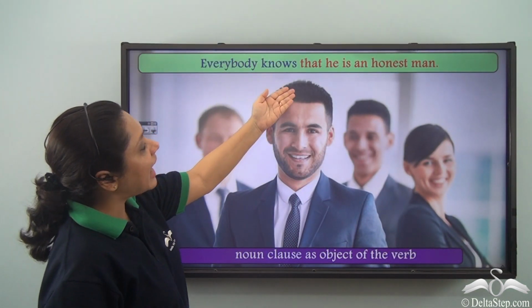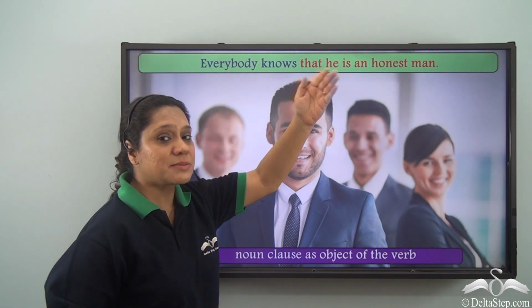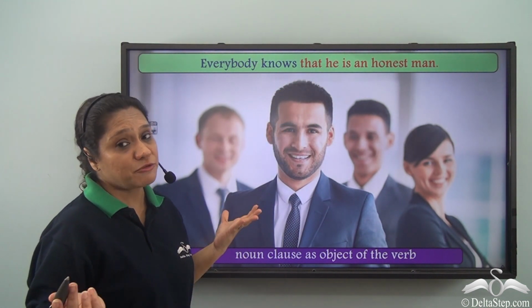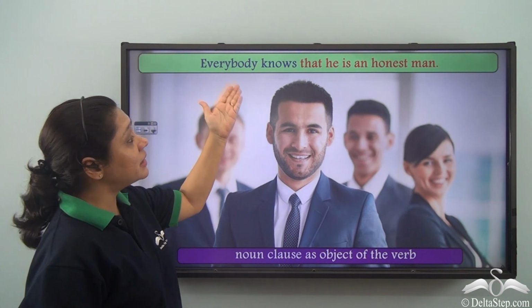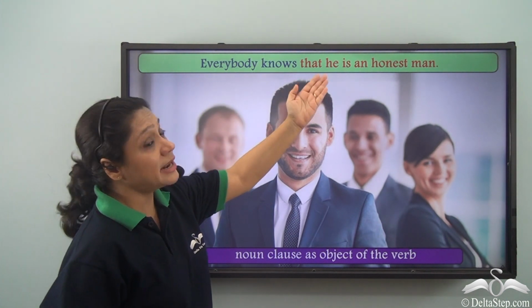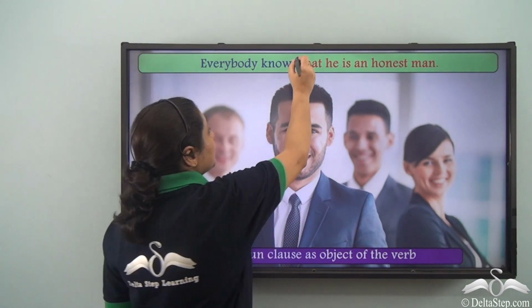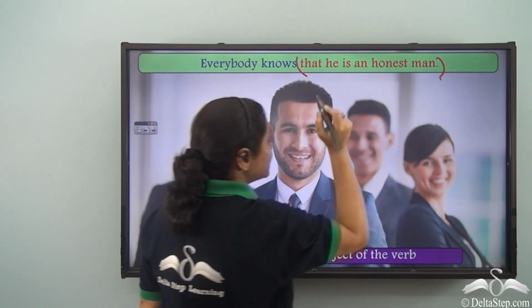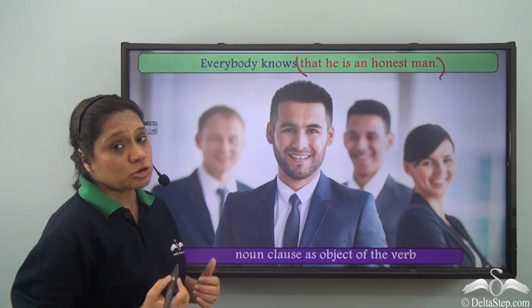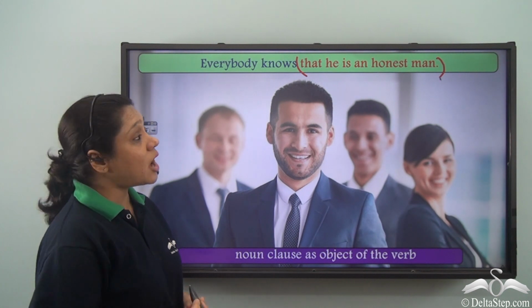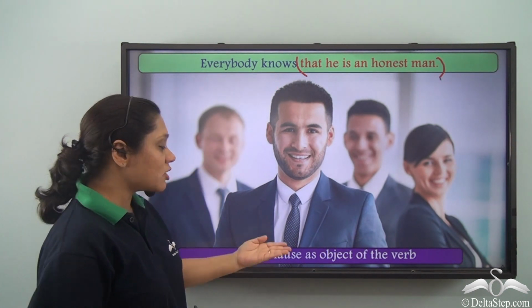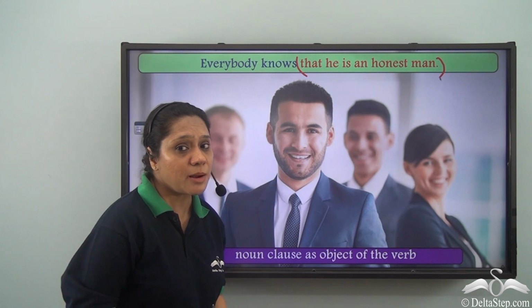Everybody knows that he is an honest man. What does everybody know? Everybody knows that he is an honest man. So, that he is an honest man is the noun clause in this sentence. Now, this noun clause is also the object of the verb.